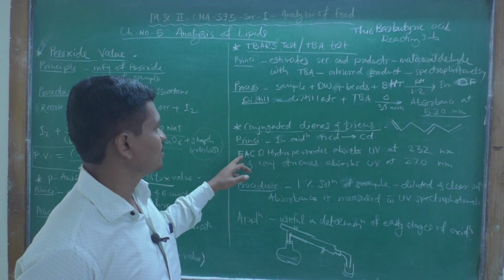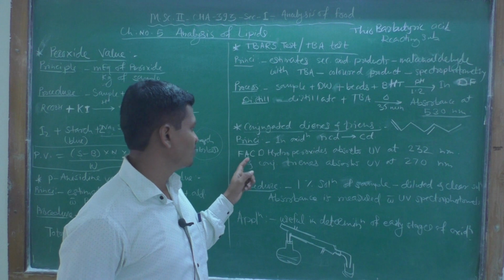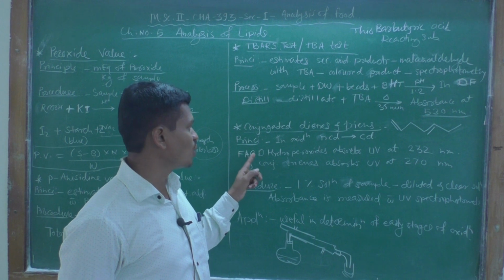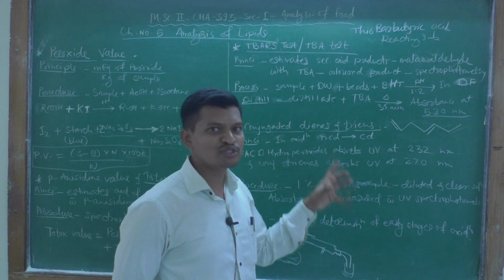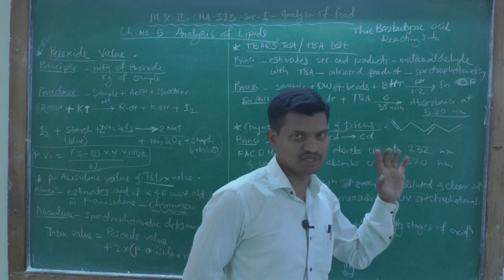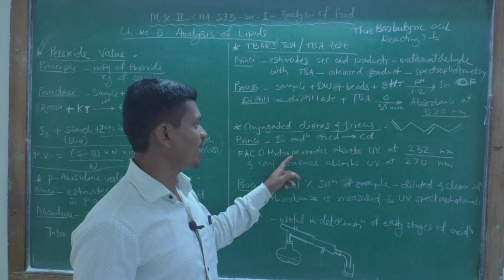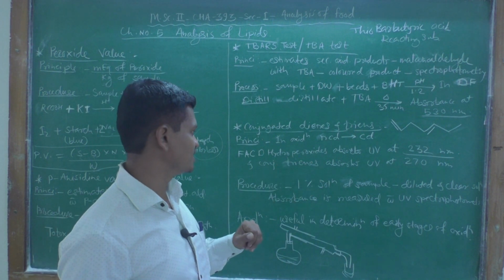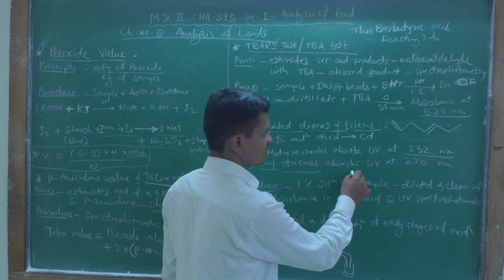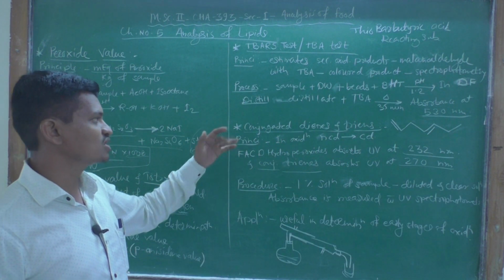Hence such fatty acid conjugated diene hydroperoxides, FACD, absorb UV radiation at 232 nanometers. So at 232 nanometers the hydroperoxide dienes absorb the radiation, and the conjugated trienes absorb UV light at 270 nanometers. So this is the principle of conjugated dienes and trienes.